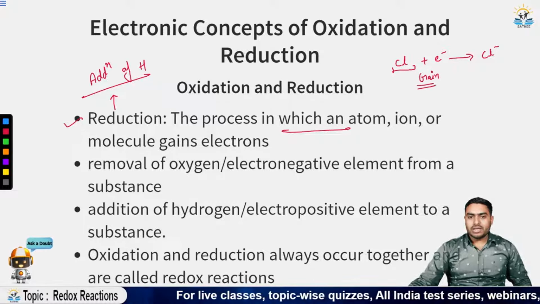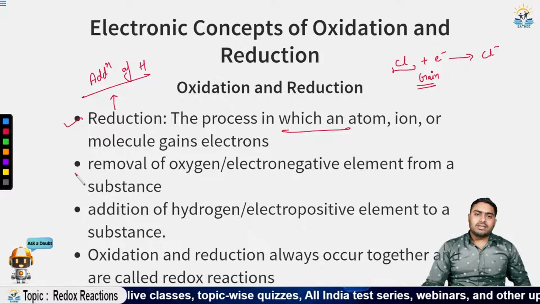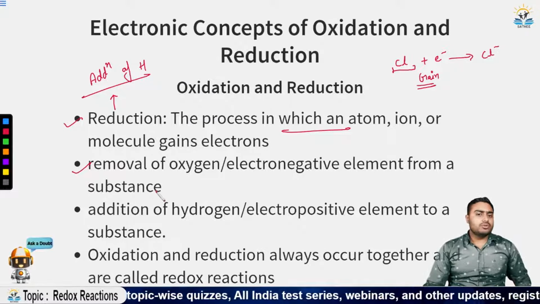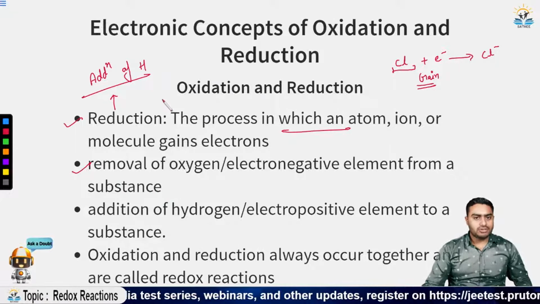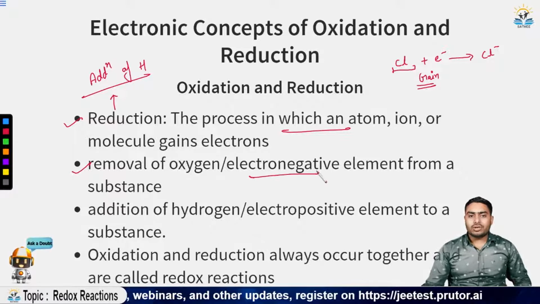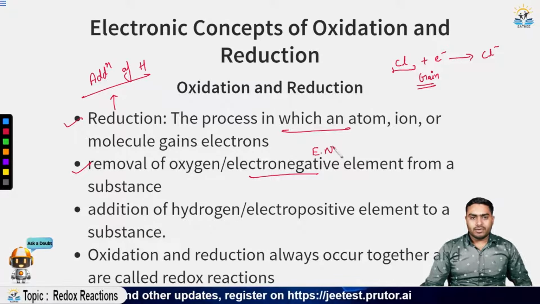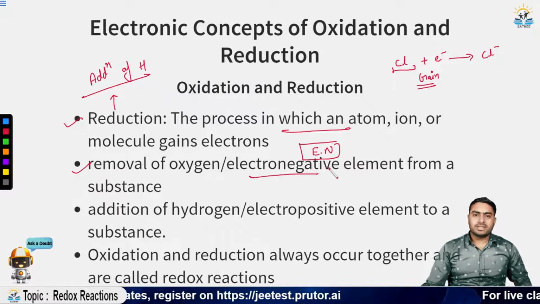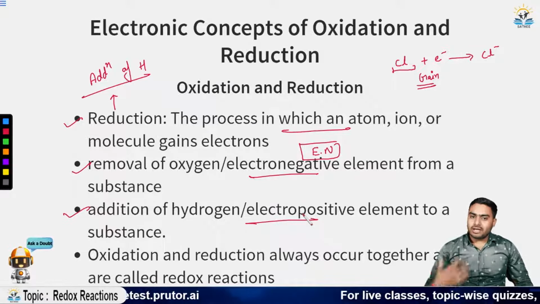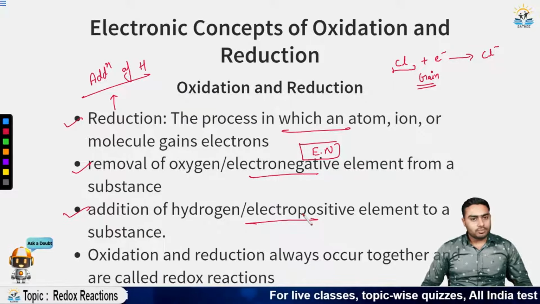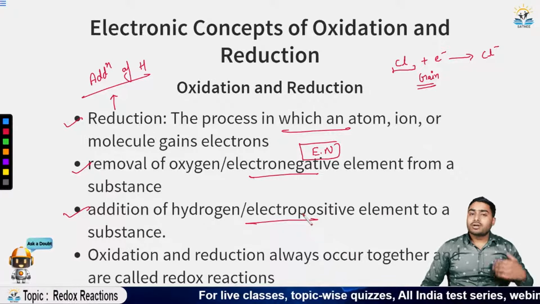The second type of definition is removal of oxygen, or removal of an electronegative element from a substance, which is called reduction. Addition of hydrogen or addition of an electropositive element to a substance is also called reduction.